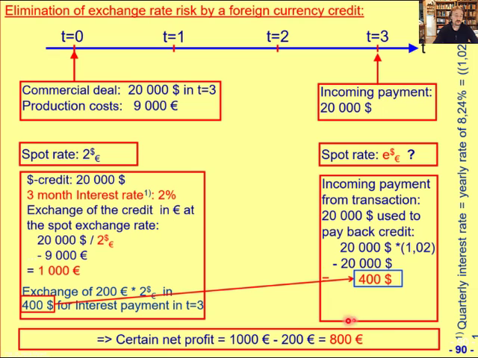But this is a certain profit, so we can make sure that we will have this profit at T0 even though we do not know the spot rate 3 months ahead. In other words, we have completely eliminated the exchange rate risk from this international trade deal.